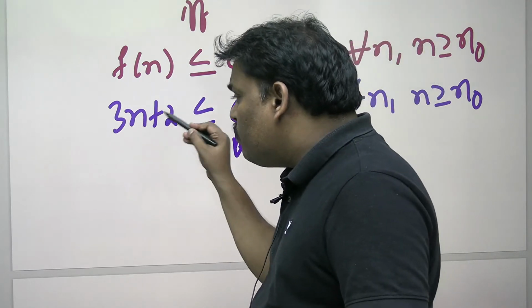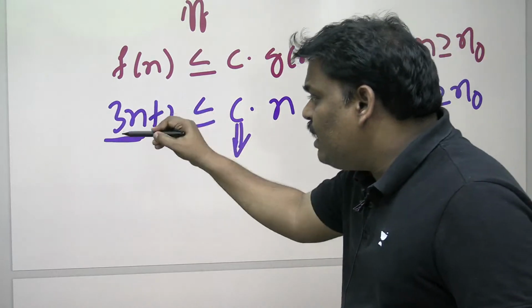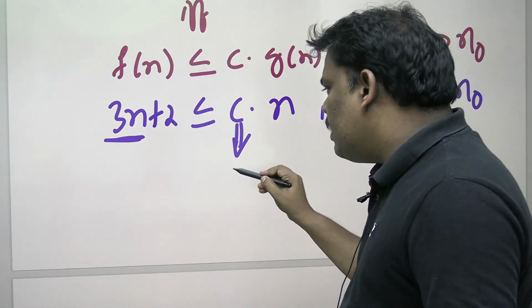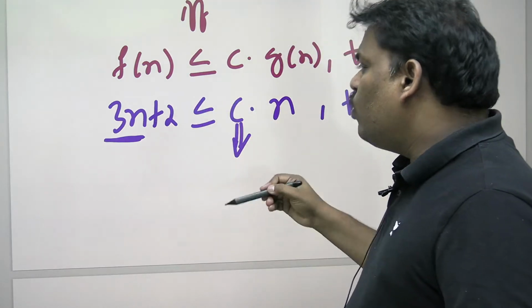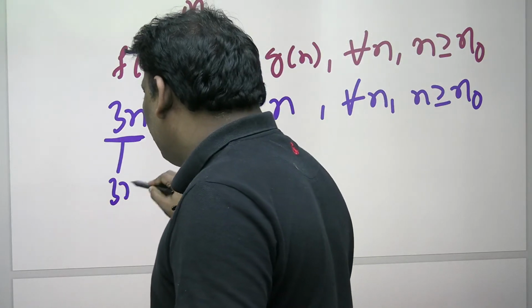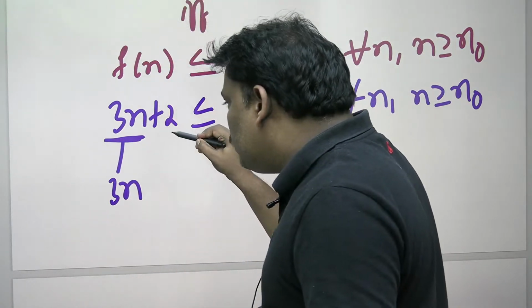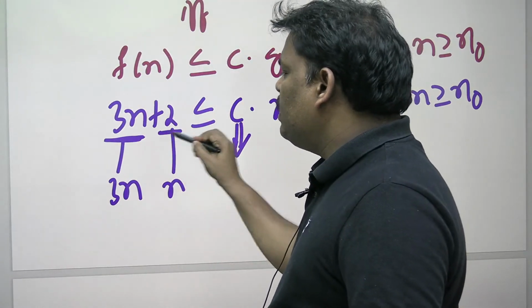It is 3n plus 2. Here 3n, here cn. Let me ask you one small question. It is 3n. Let us assume that here also n is there.